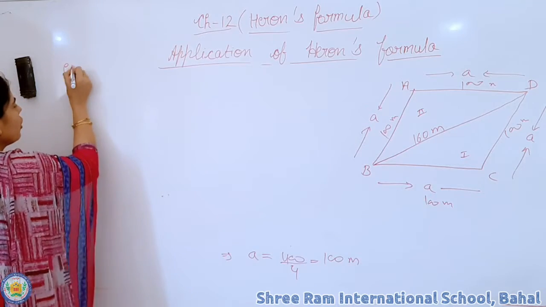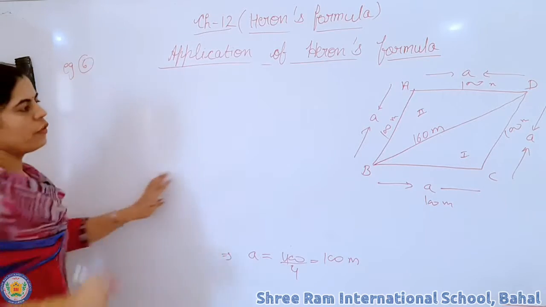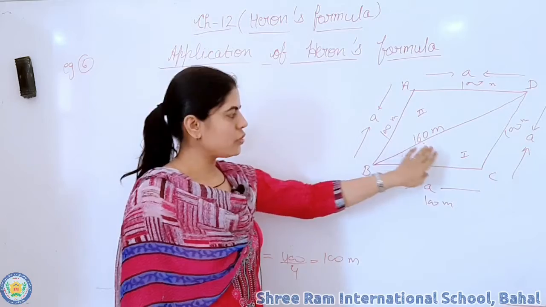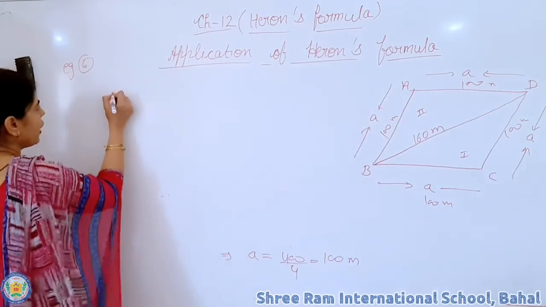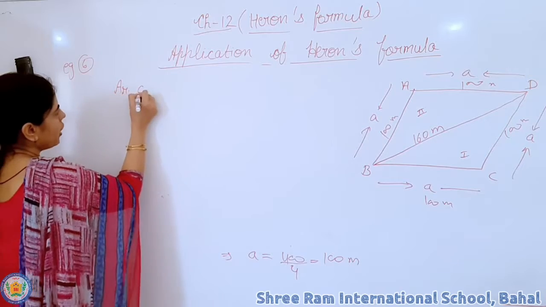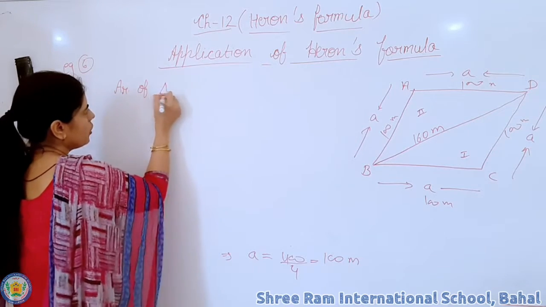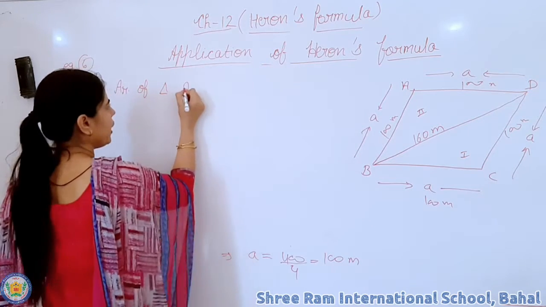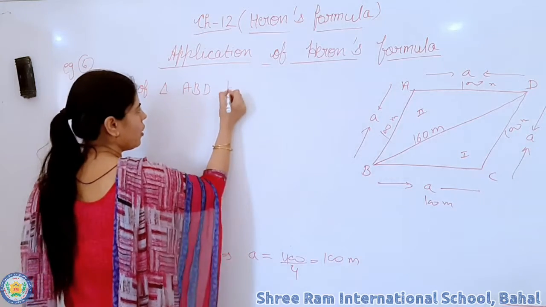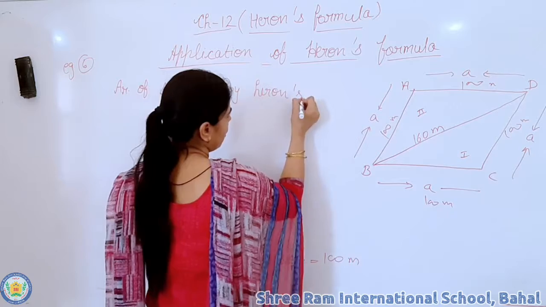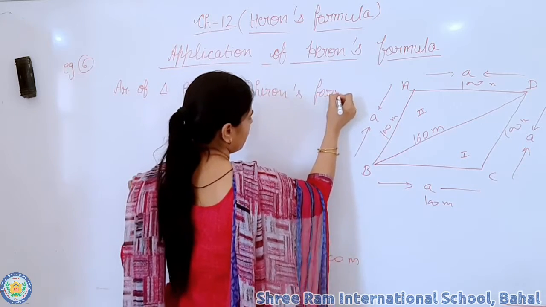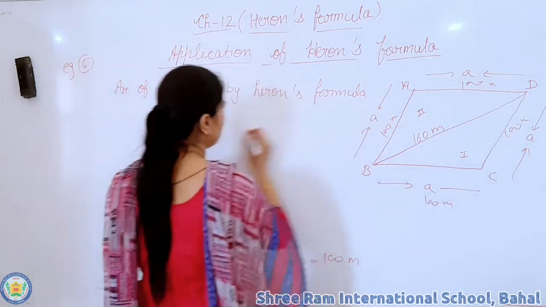Now we want to find out the area of these two triangles. So we will find out the area of triangle ABD by Heron's formula.